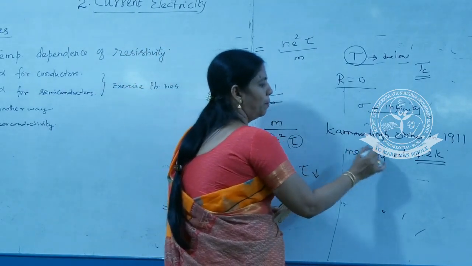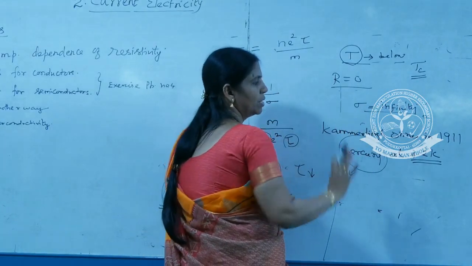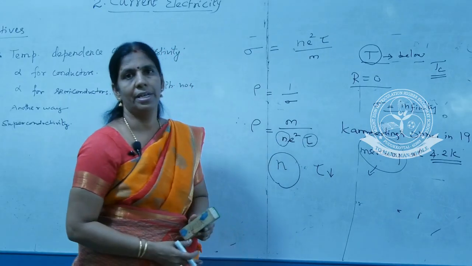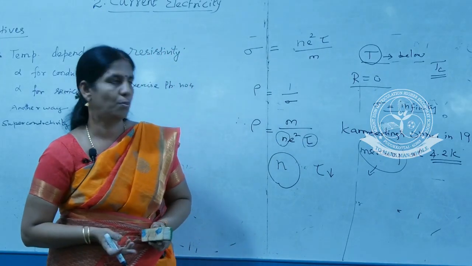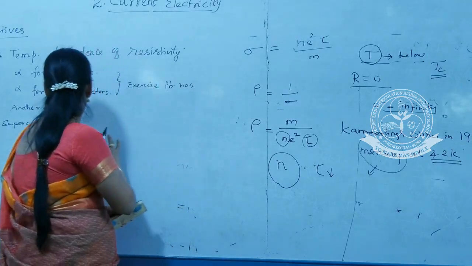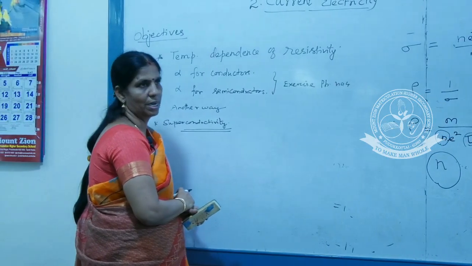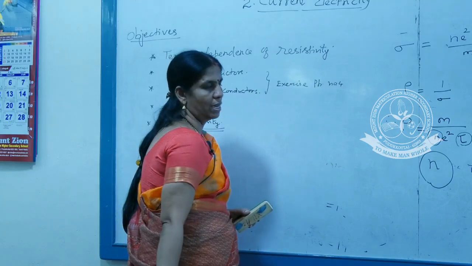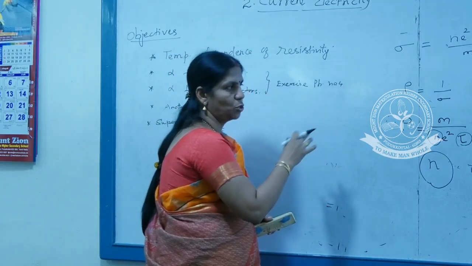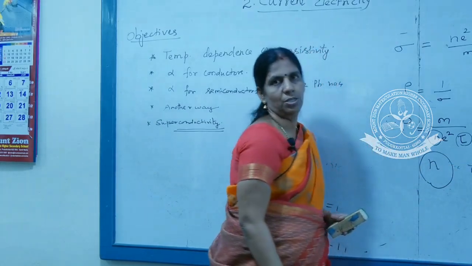Mercury completely loses its resistivity. Resistance becomes zero and it becomes a superconductor. The current induced here lasts even though there is no potential difference, and this phenomenon is called superconductivity, and the materials which exhibit such superconducting nature are superconductors, and mercury is one of the best superconductors.